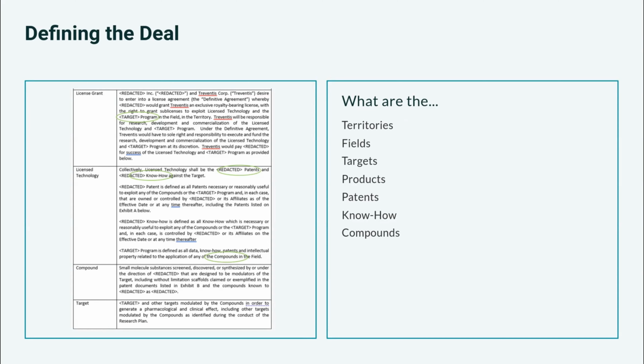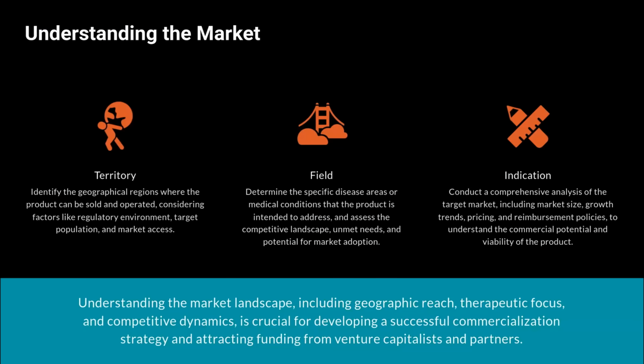This has a lot of different elements to it in terms of the defined terms: the territories, the fields, the targets, the patents in question, and so forth. Some of these things are not really RDM driven, but some of them I think could very much benefit from diving into your RDM.